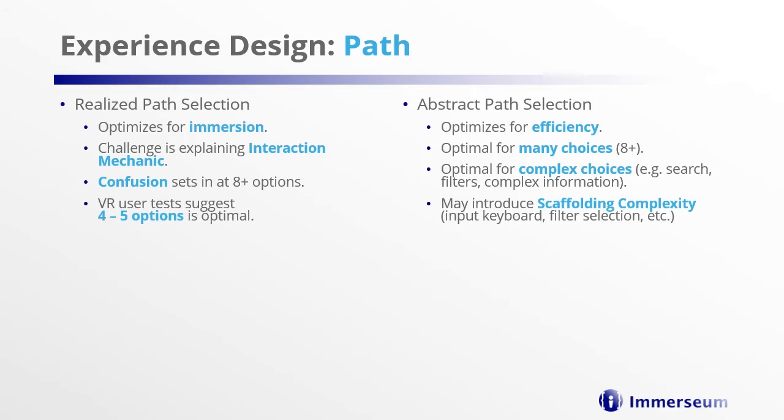And it also gives you the opportunity to do different design elements to help users navigate those choices. Things like introducing filtering options, adding in search, and other things like that that are difficult to do in a realized environment. Now, those options have their own set of challenges, right? If you want to build search into your VR experience, you've got to have some way of letting people actually enter in their search terms, right?